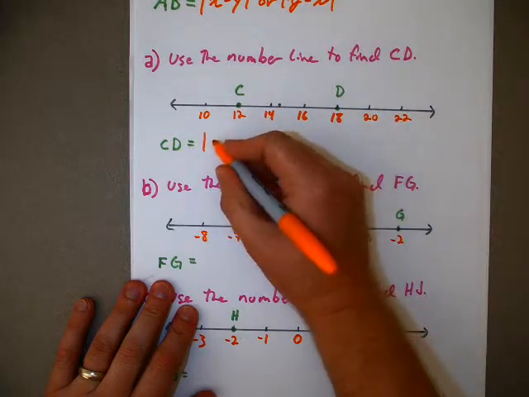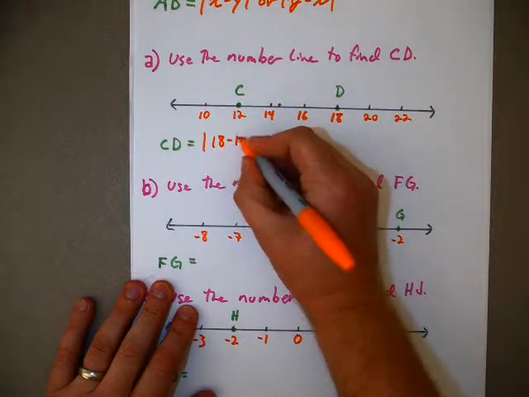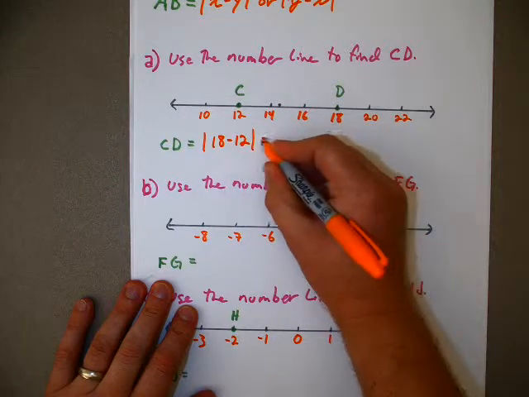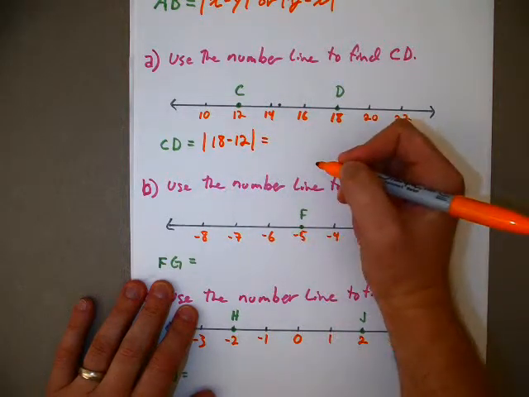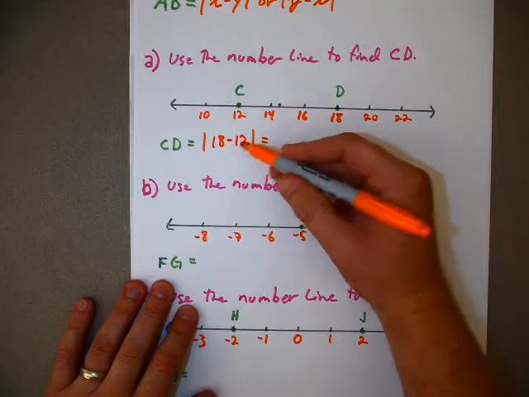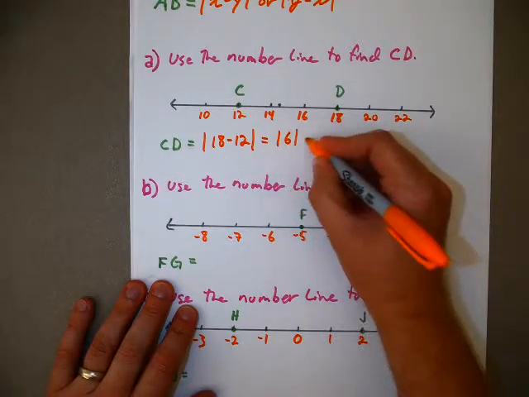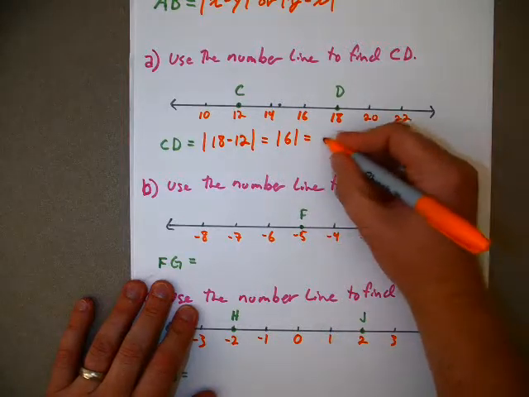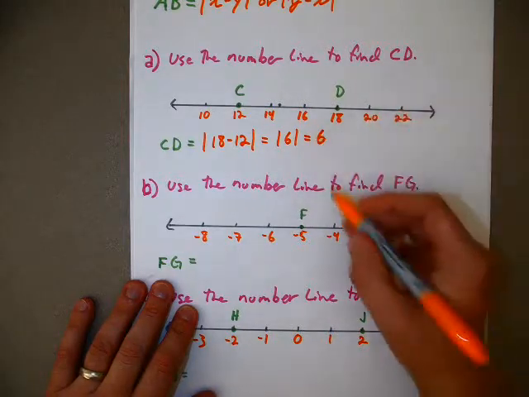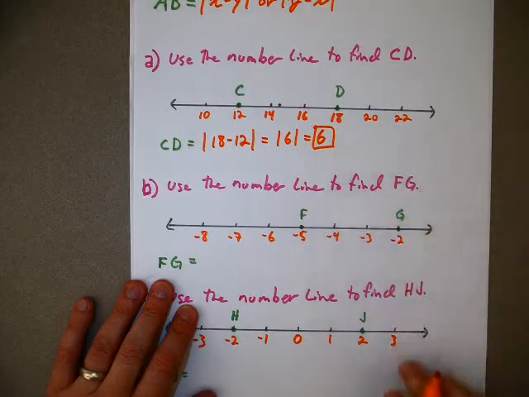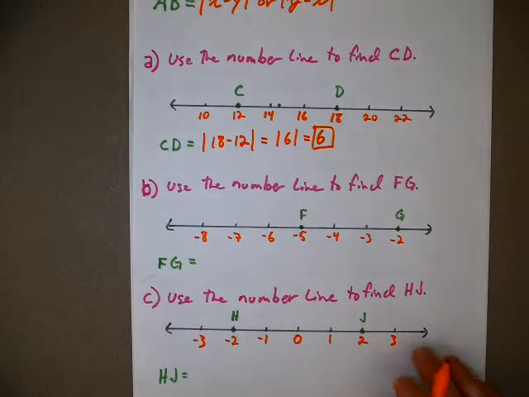So I'm going to go 18 minus 12, and then I'll take the absolute value of that. So 18 minus 12, that's going to be 6, so it's the absolute value of 6. And as you know, the absolute value of 6 is simply 6. So there's our answer.